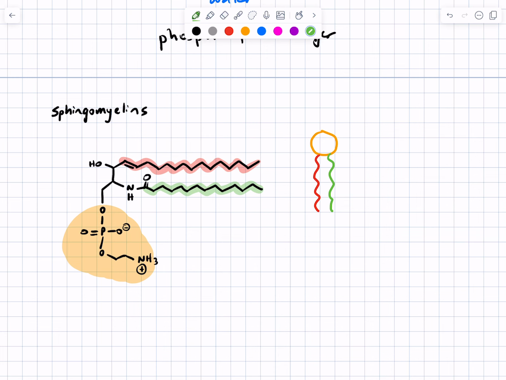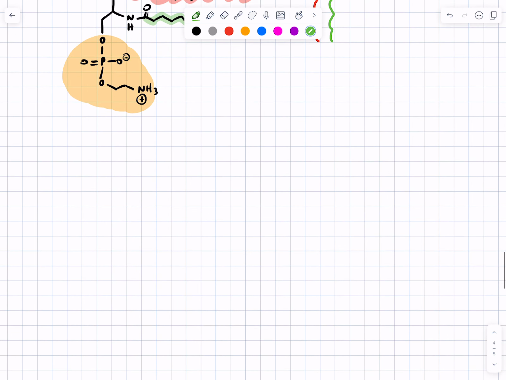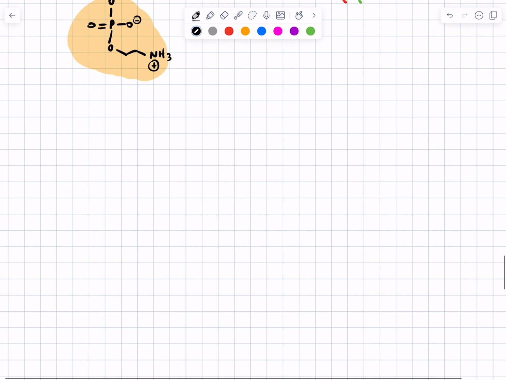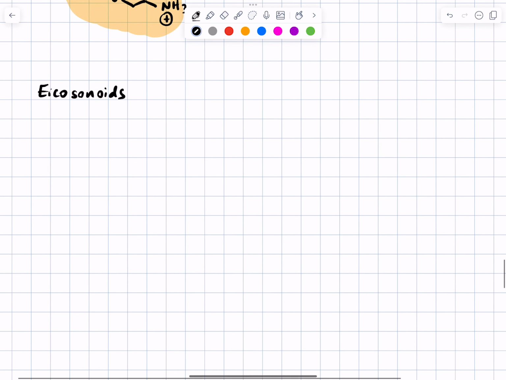Okay, next I want to say a little bit about a class of molecules called eicosanoids. I want you to be able to recognize these as such, though I don't particularly care that you know what kind of eicosanoid is what. So the eicosanoids are so named because they are derived from a 20 carbon precursor, and eicosa is a Greek prefix for 20.